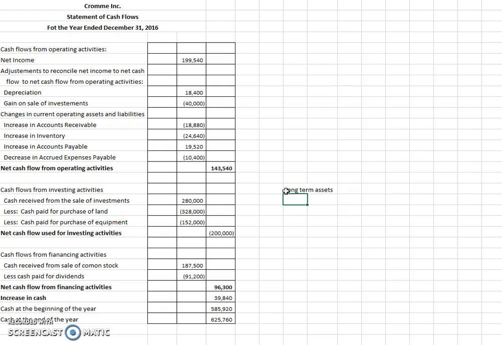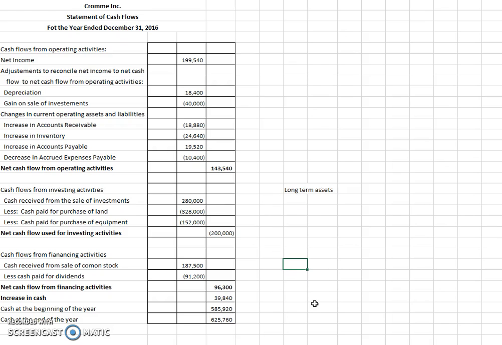If you have a sale of long-term assets, we are looking to put the proceeds from the sale. In other words, how much money did we get? That's what will belong here. If we purchase a long-term asset, we will be putting down the purchase price that we actually paid. If we had some that we took out a note for, that doesn't go here. Only the amount paid. So we're talking about long-term assets.